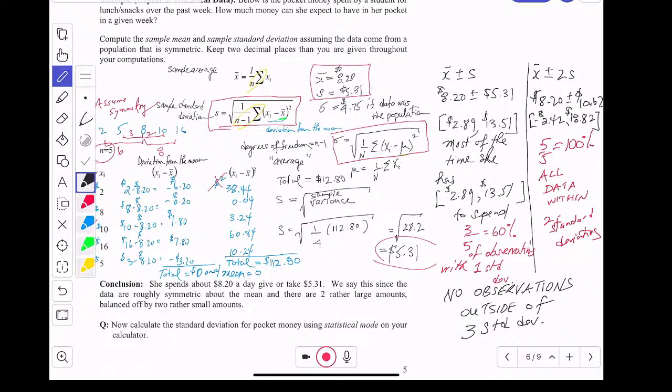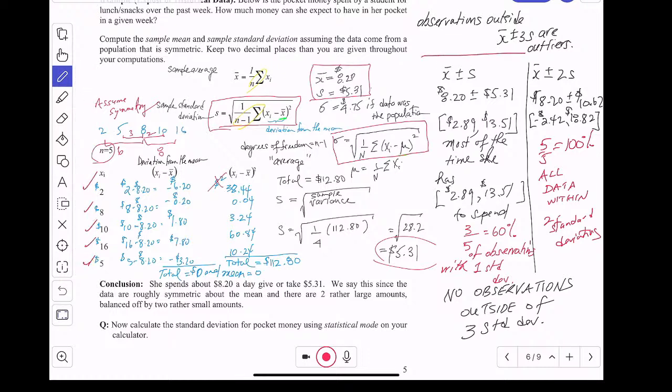So, for symmetric data, observations outside of 3 standard deviations from the mean are called outliers.